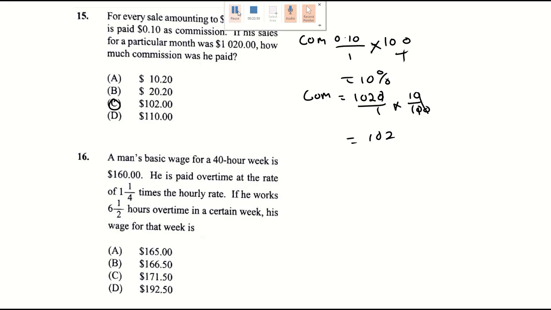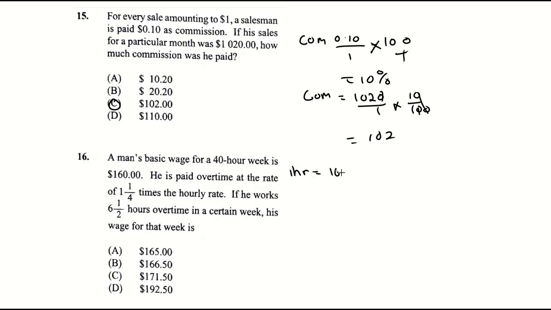Number 16: a man's basic wage for 40 hours is $160. He is paid overtime at the rate of time and a quarter, or 1 1/4, times the hourly rate. If he works for 6.5 hours overtime in a certain week, his wage for that week will be. So first off, let's find out how much he's paid for 1 hour.